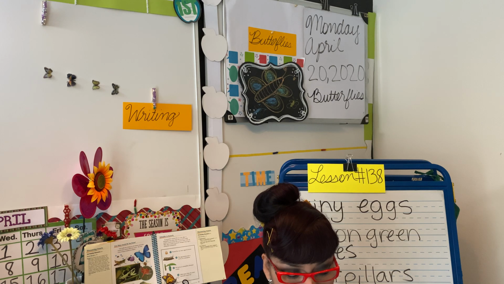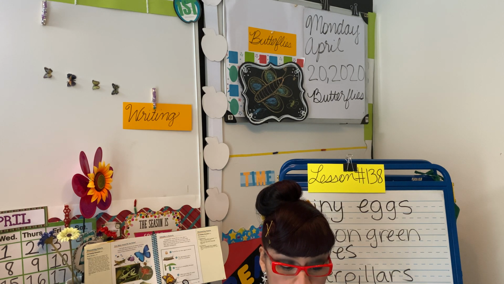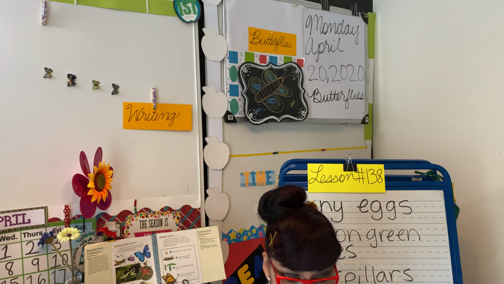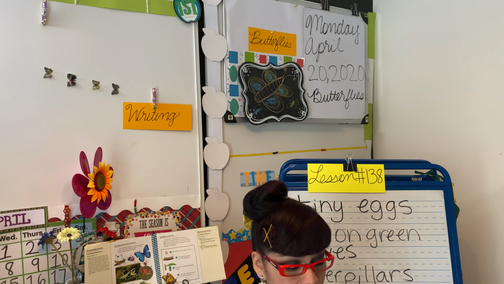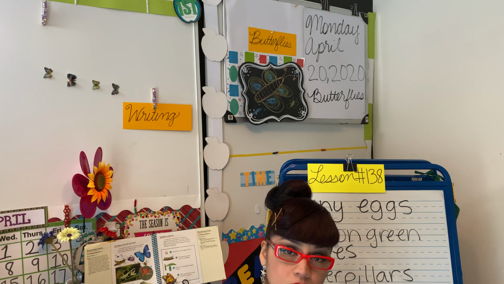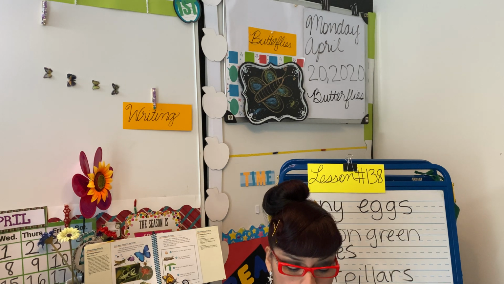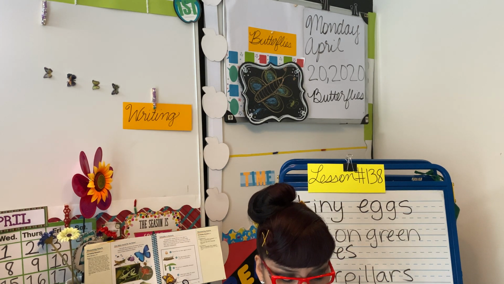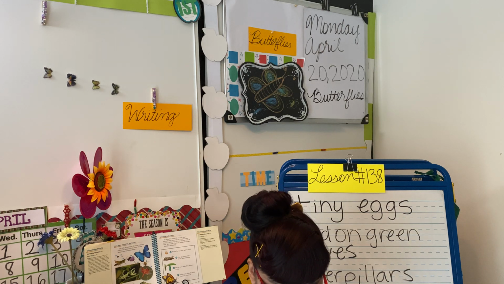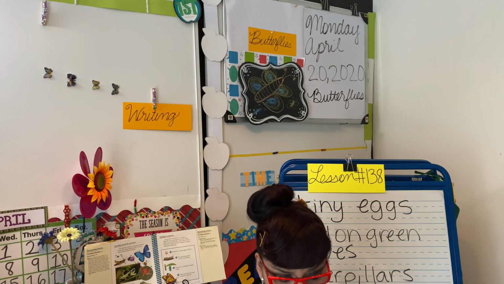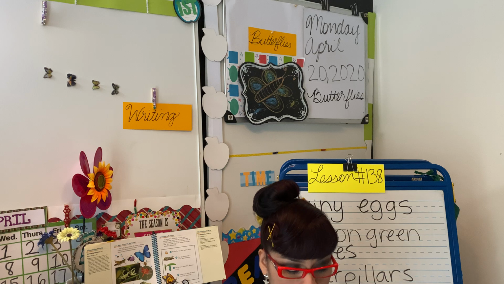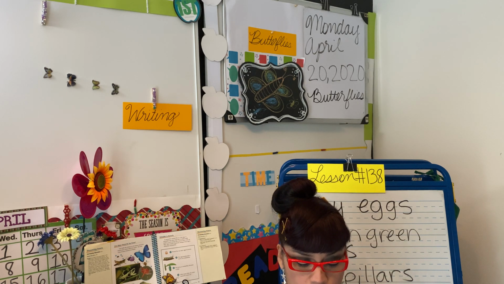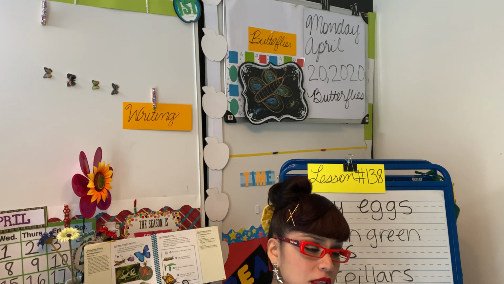Now, I did want to mention the wings of a butterfly have bright colors. The butterfly cannot fly until his wings dry. So the two other things that you can add to all of your steps is that the wings of a butterfly have bright colors.